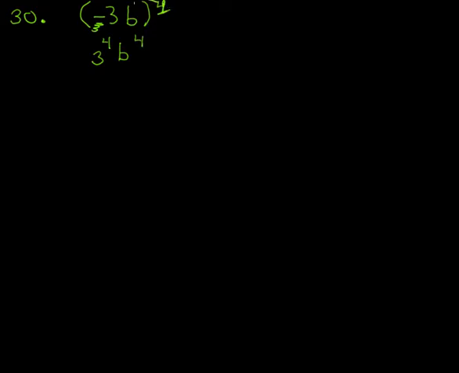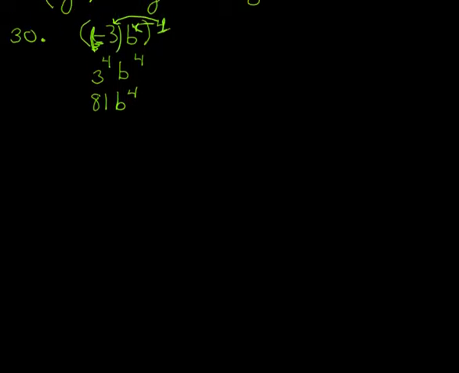So the power gets applied to each thing. I'll put a little extra parenthesis in there. But a negative number to an even power is positive. So we have 3 to the fourth b to the fourth. And so 3 to the fourth, let's see, 3 to the fourth is 81 b to the fourth.